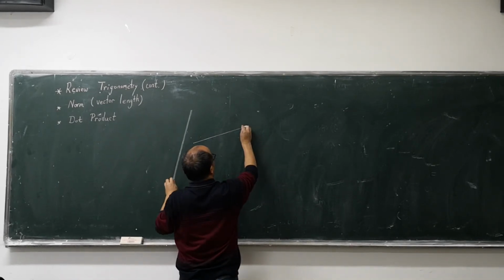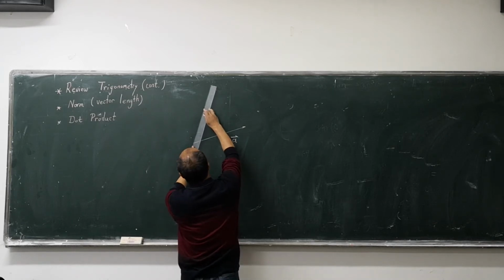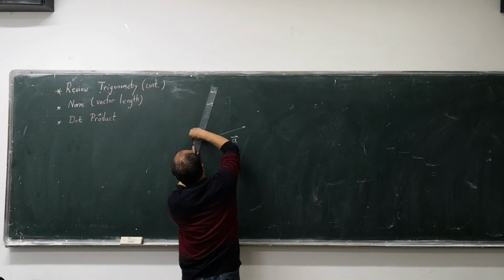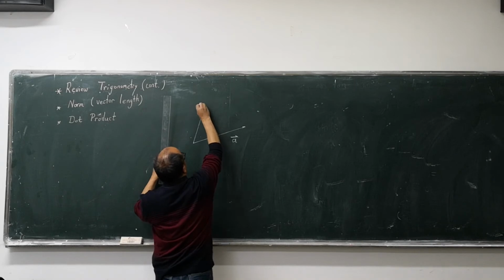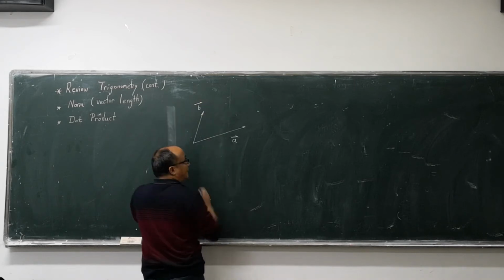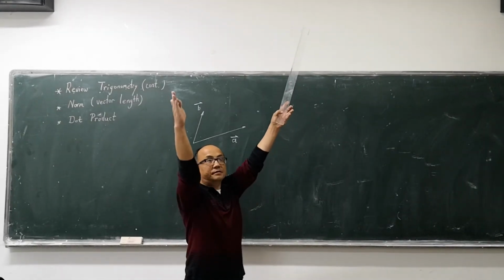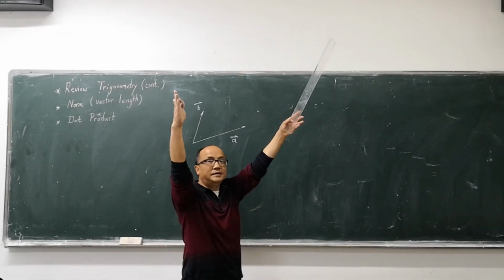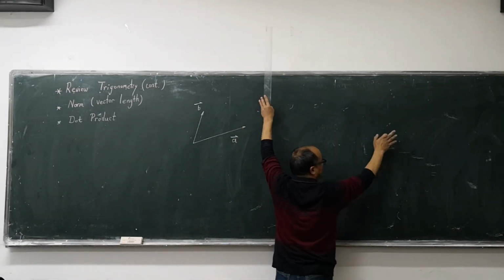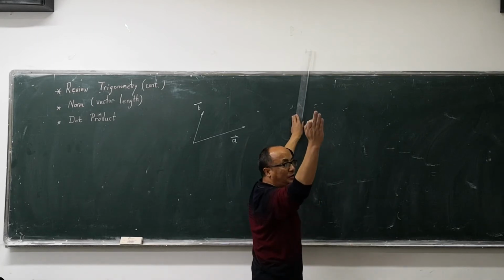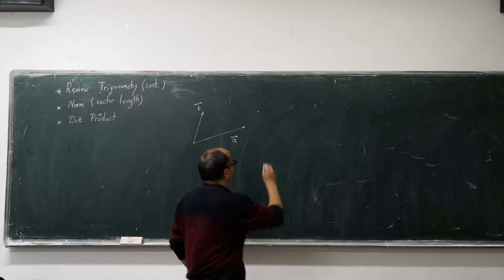Let's say a vector A, a vector B. Could be any vector, in 2 dimensions on the board, or in 3 dimensions.